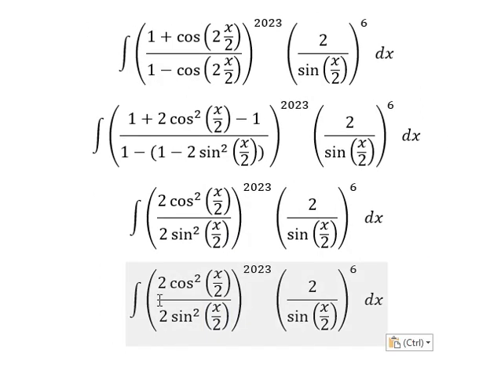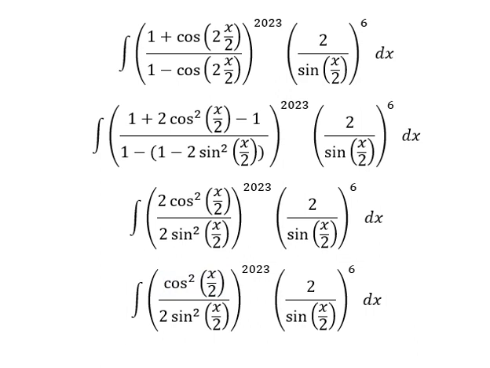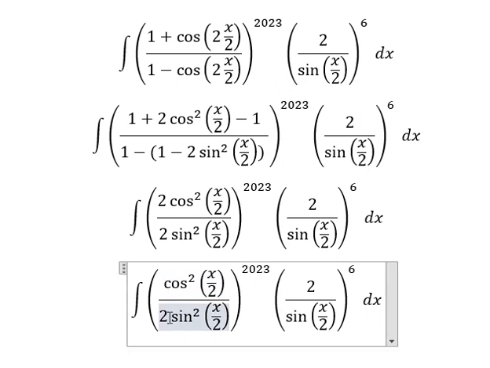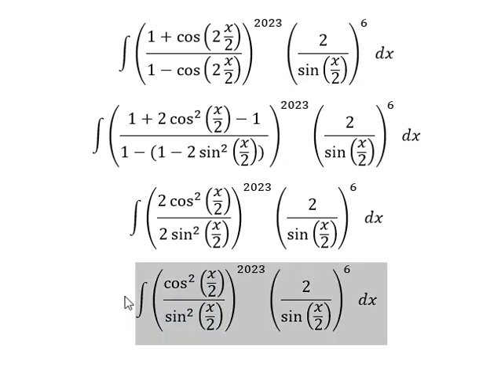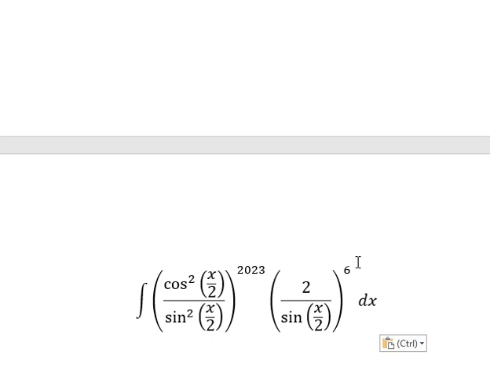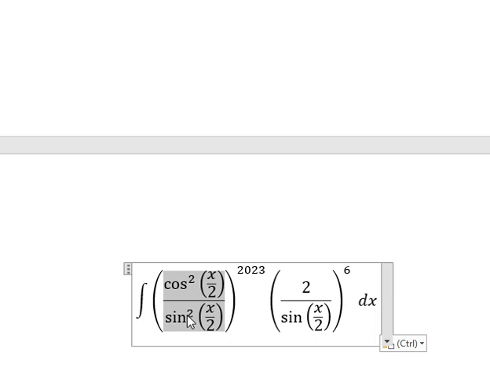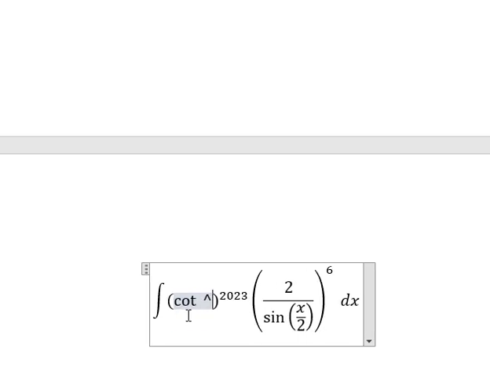So 2 and 2 we simplify. And we know that cosine of x over 2 divided by sine of x over 2 is cotangent of x over 2 squared.